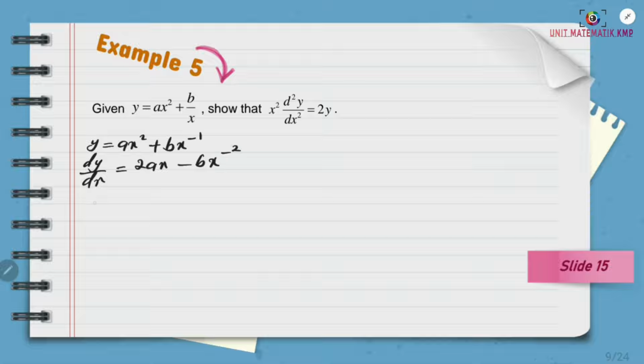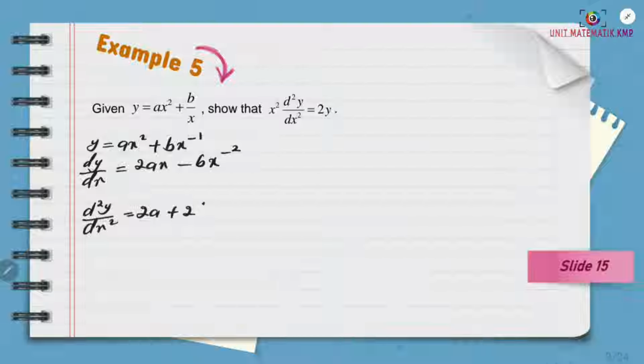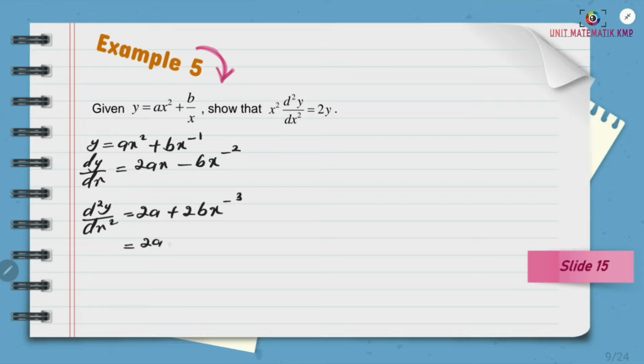And differentiating again with respect to x, d2y/dx squared is equal to 2a plus 2b times x power negative 3. Or we can write 2a plus 2b over x cubed.